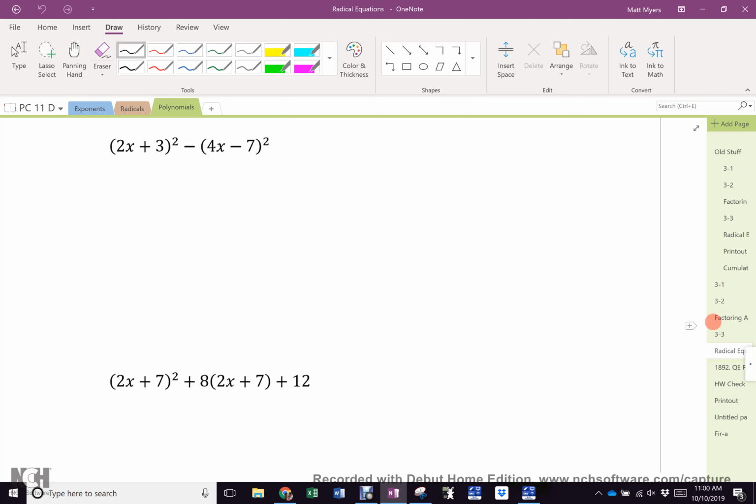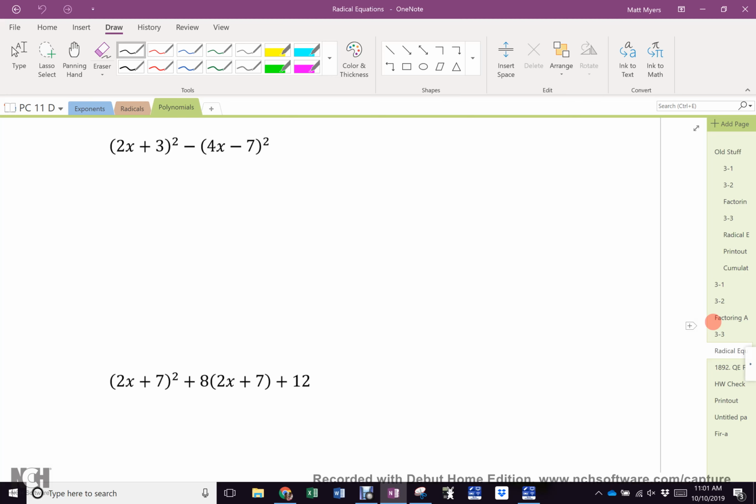Please remember, ladies and gentlemen, you can do these by expanding and collecting your like terms, but that is a crap ton more work than you need to do. If you understand what's happening in math, you can do these almost in one step. Almost. You can talk to each other, though.